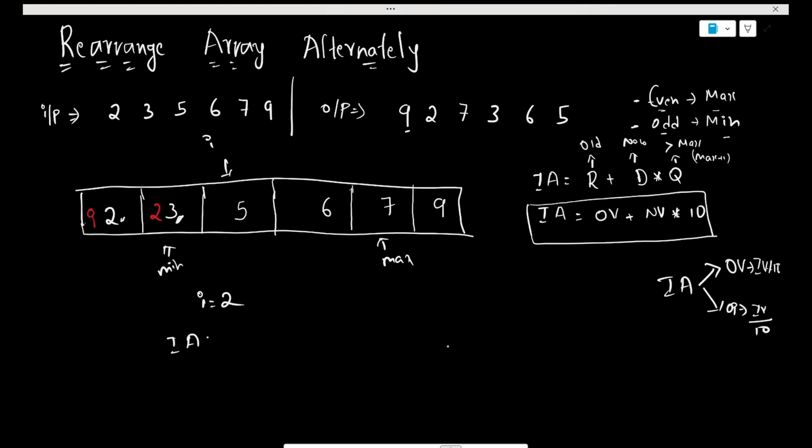Intermediate answer is equal to the old value, which is 5, plus what's the new value which is pointing to the max? So 7. 7 into 10, that is 75. That's it.